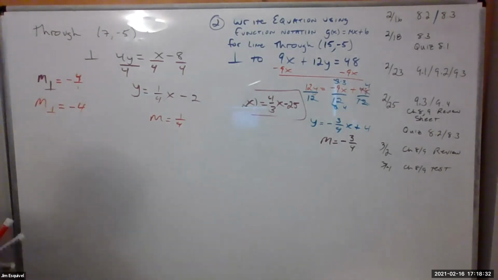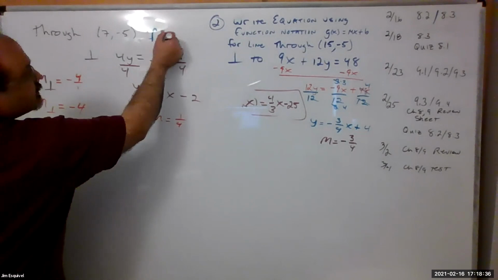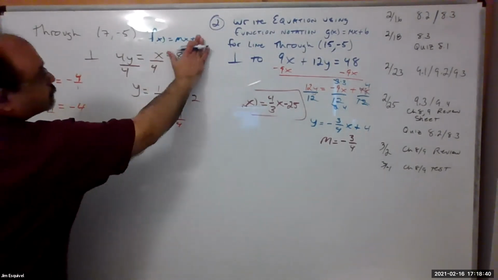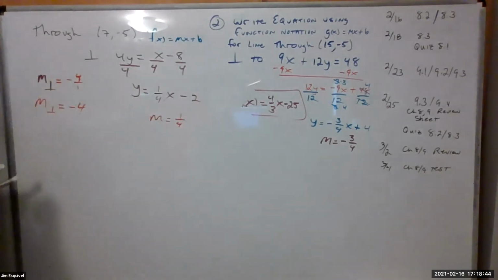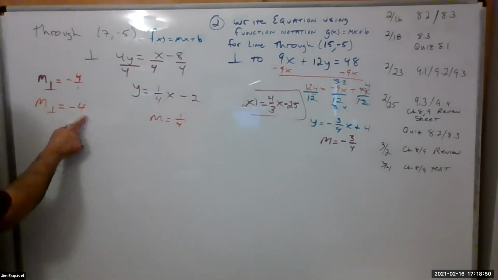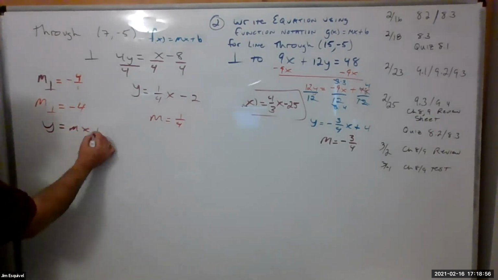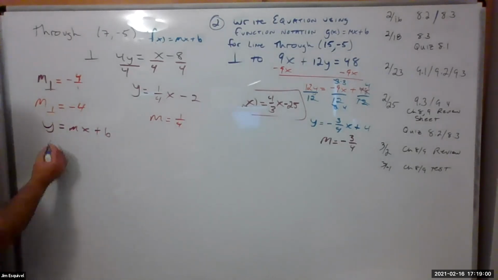And they want f of x notation. Final answer is going to be f of x equals mx plus b. So not a special case because it's not 0, it's not undefined. So now we go to y equals mx plus b. Plug in -4 for the slope.